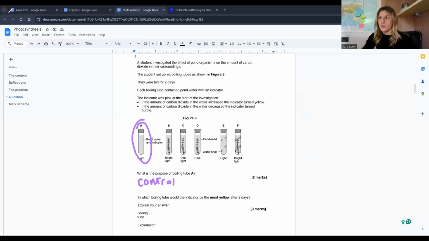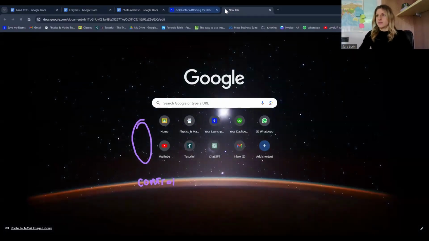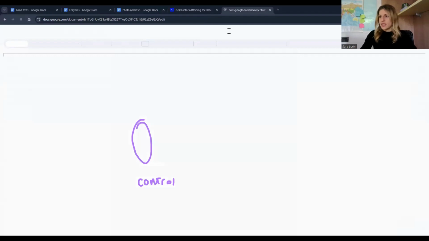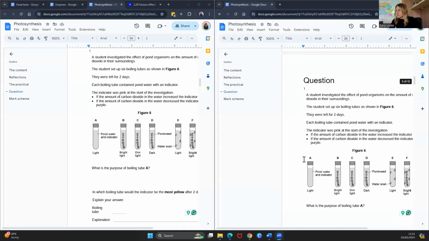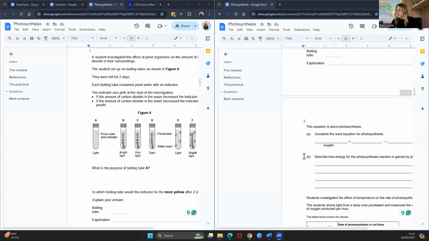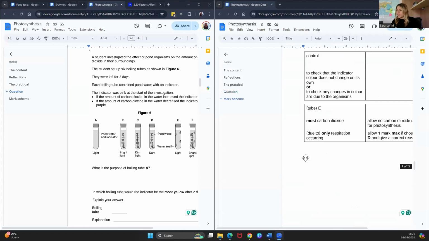In fact, let me just open up the mark scheme so that you see what the actual answer is. The control variable is extremely important, remember, because it allows you to observe if there is an actual change or not.